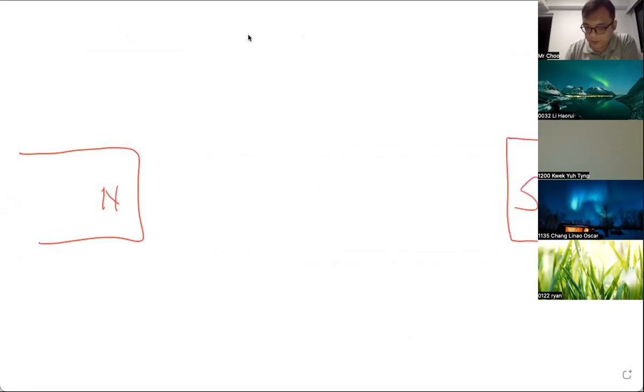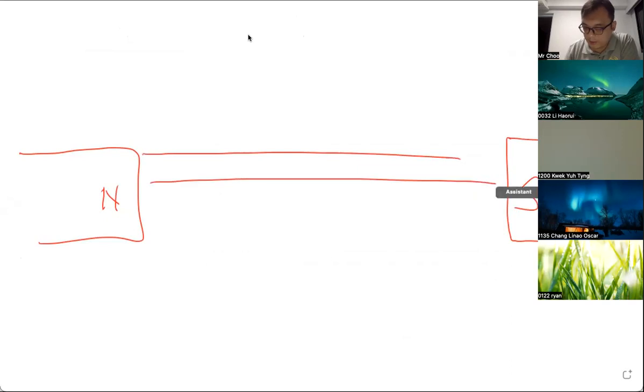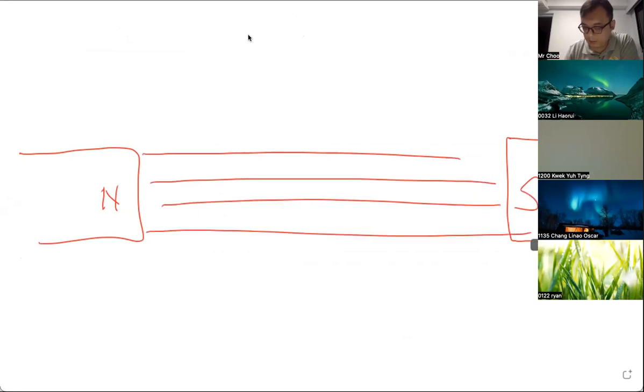Okay, so basically you have a north and a south. So basically what happened is there's a magnetic field line going from left to right. What does the magnetic field line tell you?